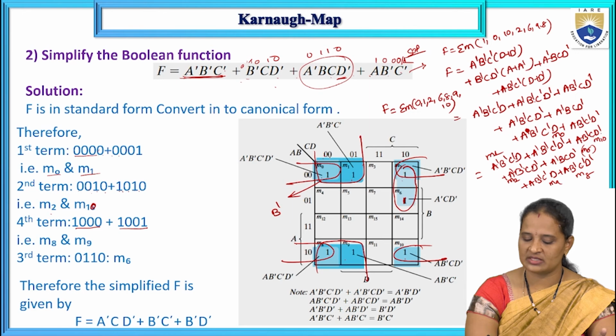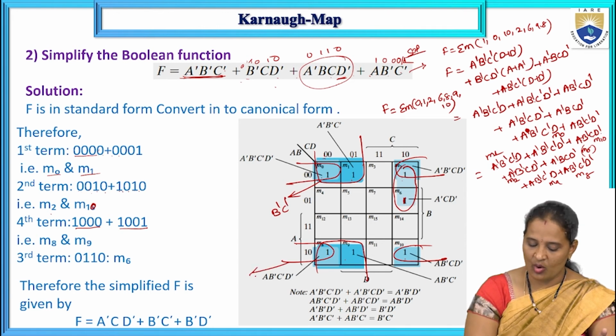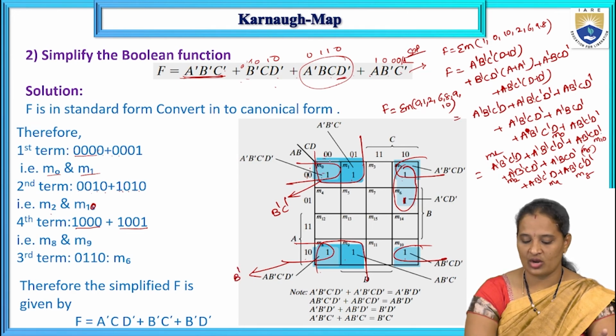First column and second column, C value is common, D value is varying, eliminate D. C value is 0, so B complement C complement. Now coming to the quad of corner elements: first row, last row, A value is varying, eliminate A, B value is common, so B complement. And now first column and last column, C value is varying, eliminate C, D value is common, which is D equals 0, so D complement.